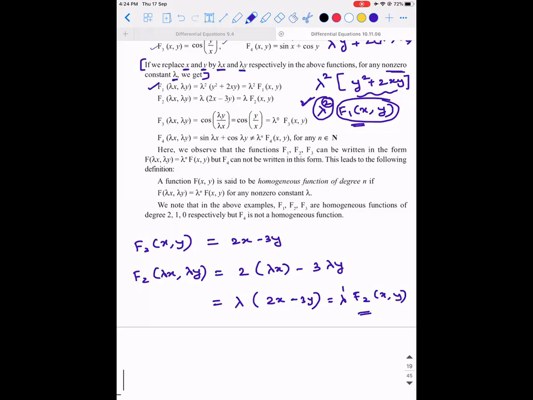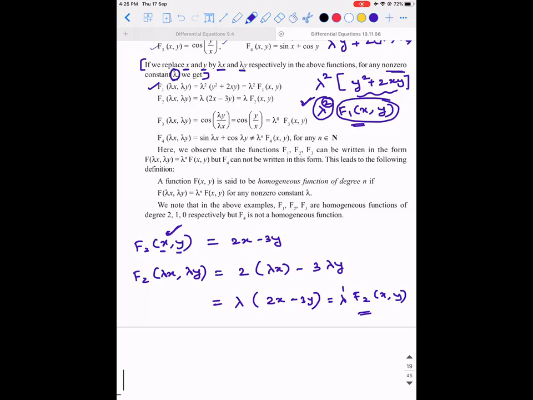So to mathematically verify whether a given function of two variables x comma y is a homogeneous function or not, you need to replace the original parameters x and y with lambda x and lambda y, where lambda is some non-zero constant. Lambda should not be equal to 0.